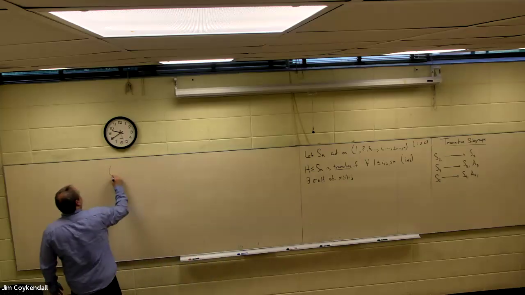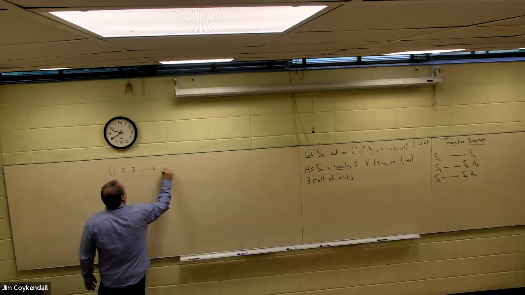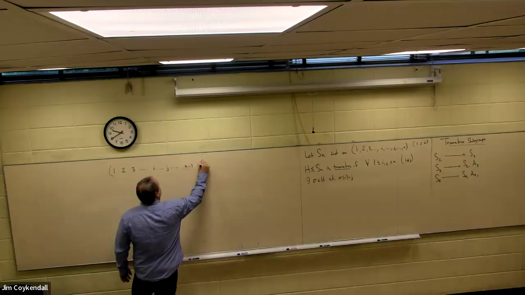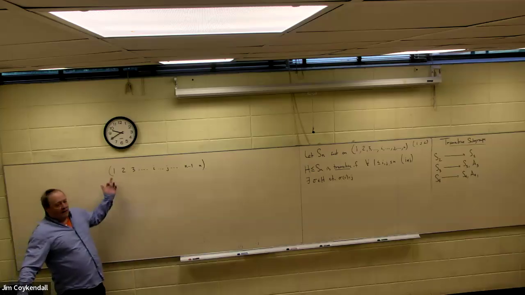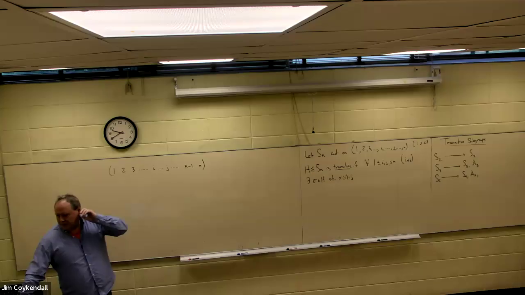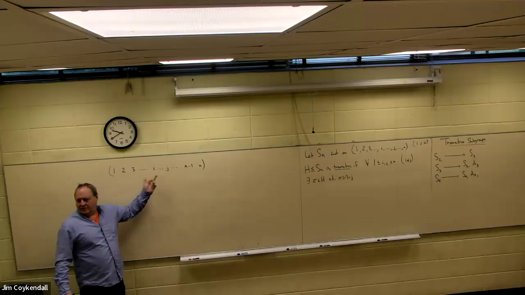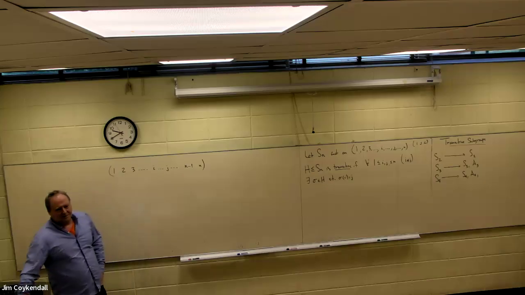Well, let's just do it easy here: 1, 2, 3, ..., i, ..., j, ..., N minus 1. I claim that if you have a subgroup of S_N that contains an N-cycle, it has to be a transitive subgroup. Well, suppose you want to take i to j, right? If they're next to each other, you're done. What if they're not next to each other?